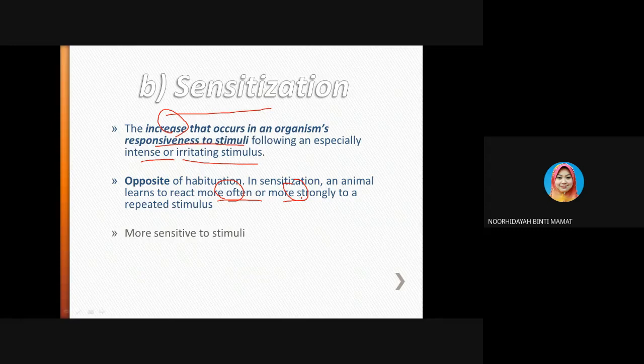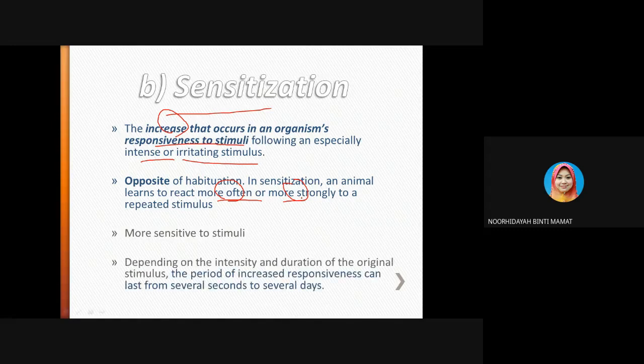It depends on the intensity and duration of the original stimulus, so the period of increased responsiveness can last from seconds to several days. This is sensitization, the second type of non-associative learning.